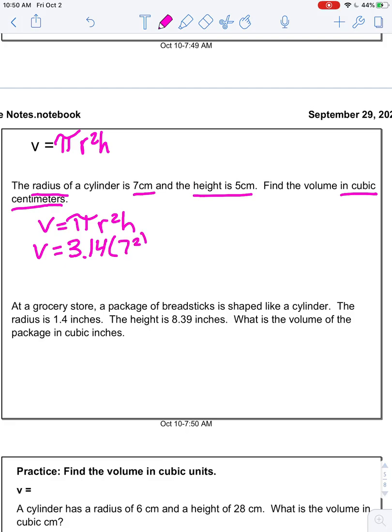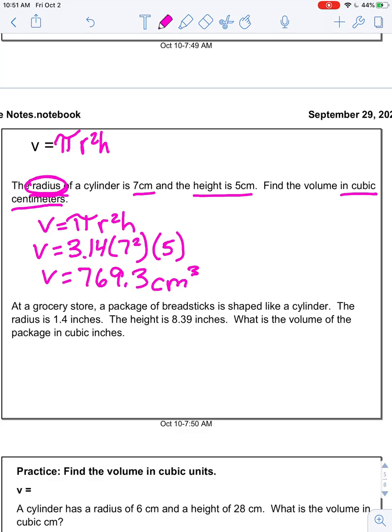We're not dividing by 2, so we have 7 squared, and our height is 5. So we have 3.14 times 7 squared times 5, so V equals 769.3 centimeters cubed. Again, if you're given the radius, you need to use the radius. You divide by 2 when you're given the diameter.